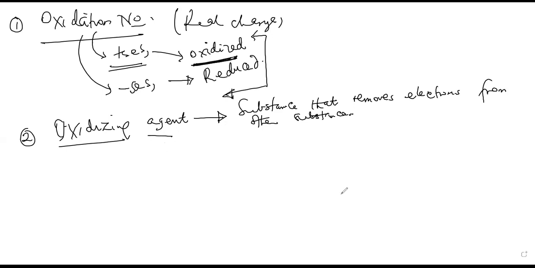Because you've said that oxidation is the removal of electrons from substances. So a substance that removes electrons from others is what we call an oxidizing agent. And in the process of removing electrons from others, the oxidizing agent gains those electrons, and as a result, its oxidation number decreases.